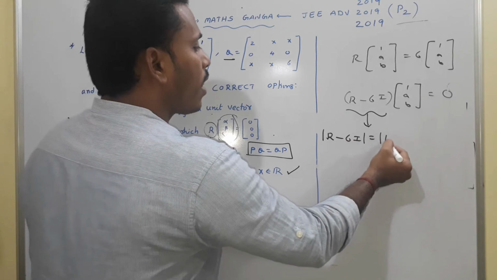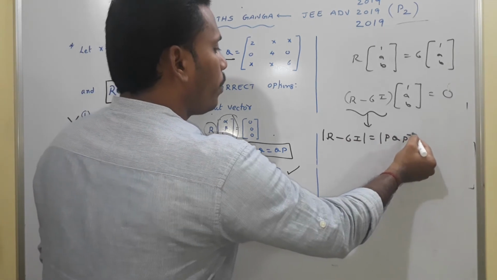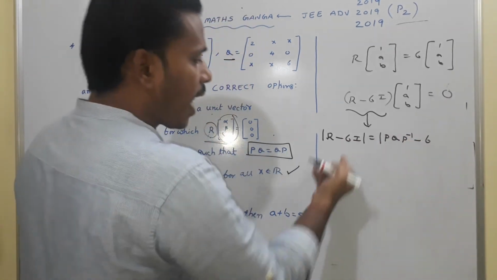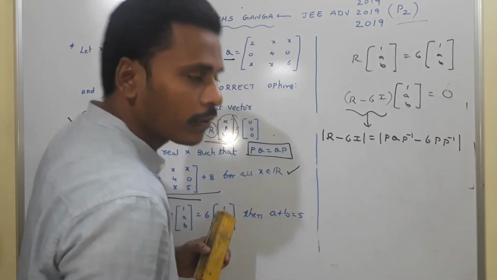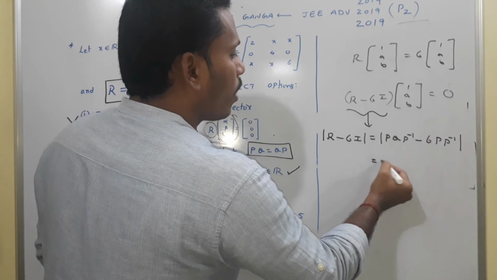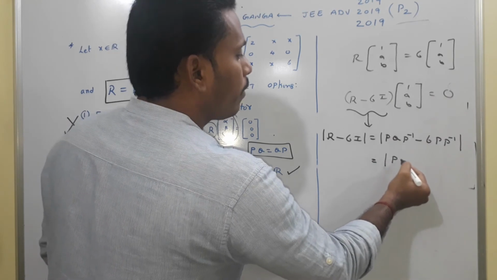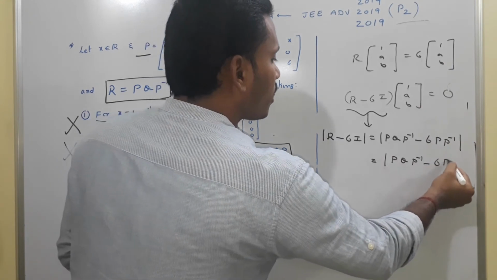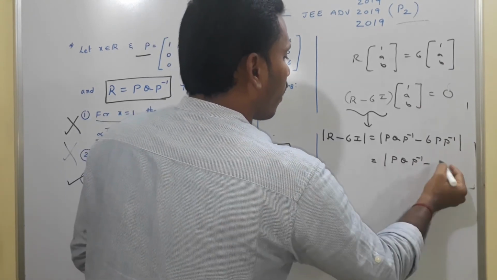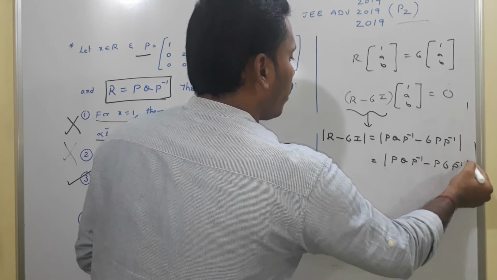So what is R? Actually it is P Q P inverse minus 6. I will write this I as P P inverse. Then it can be written as determinant of P Q P inverse minus 6 P P inverse, and I will write it as P 6 P inverse.